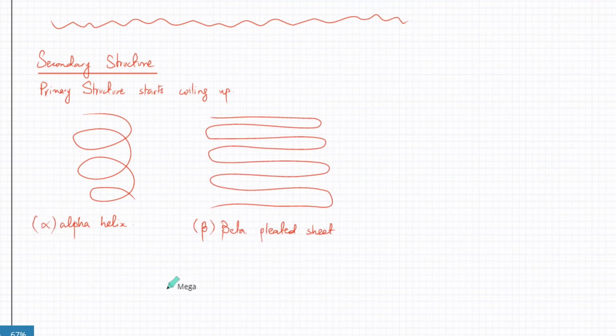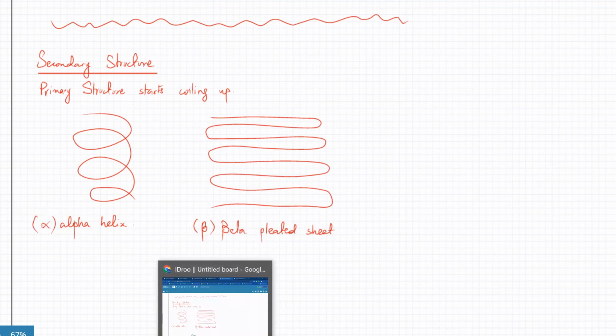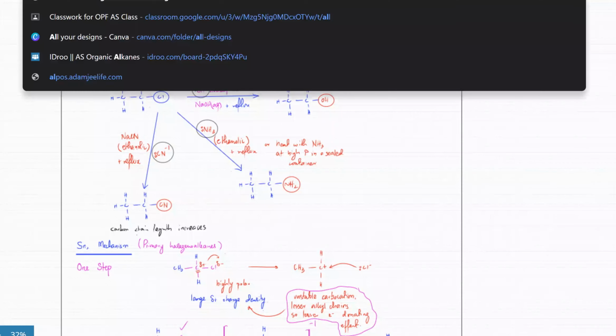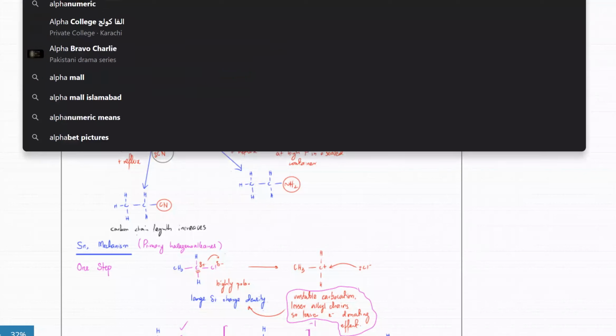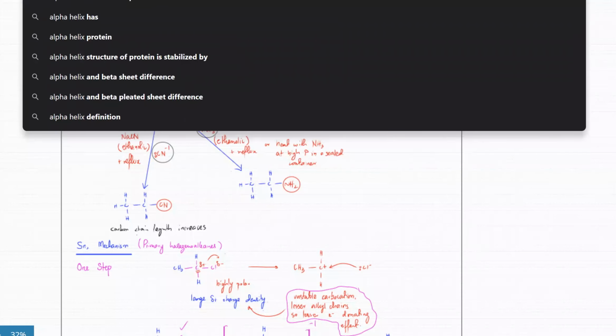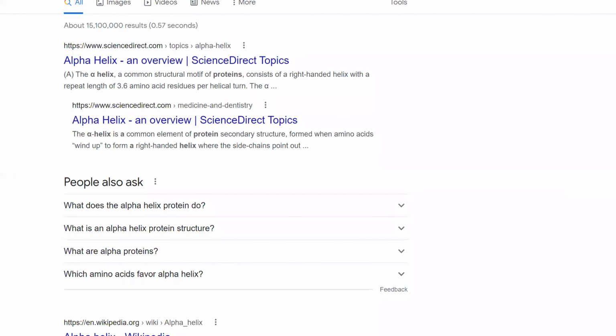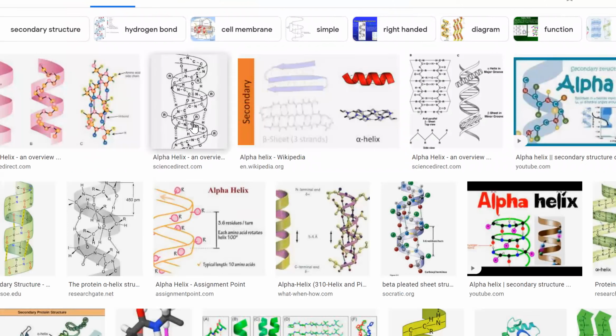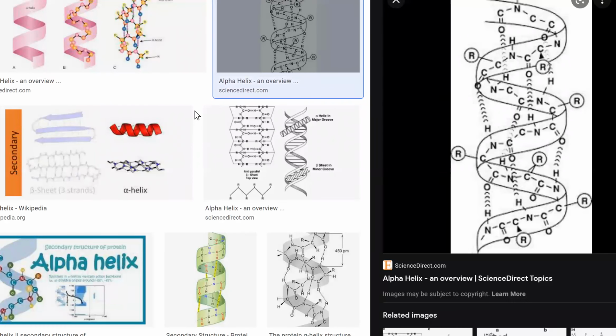If you just Google this, maybe you'll find some. So, alpha helix protein. If I can show you an image, you'd realize that this one is a good image. So you can see this is the protein structure.